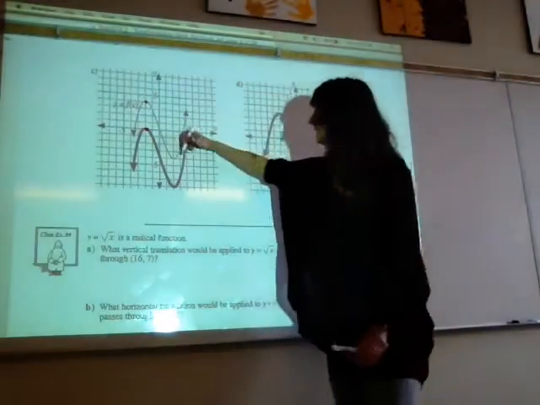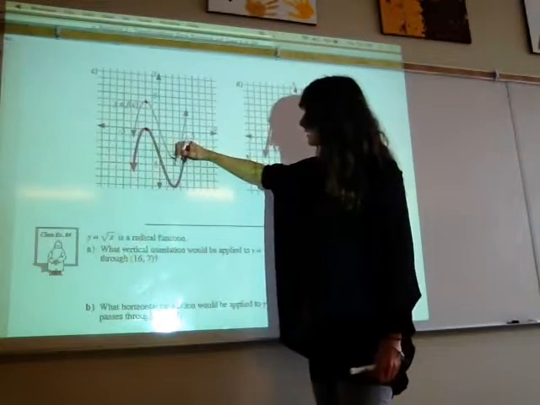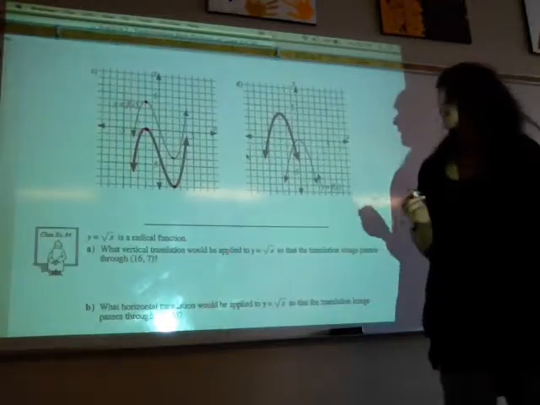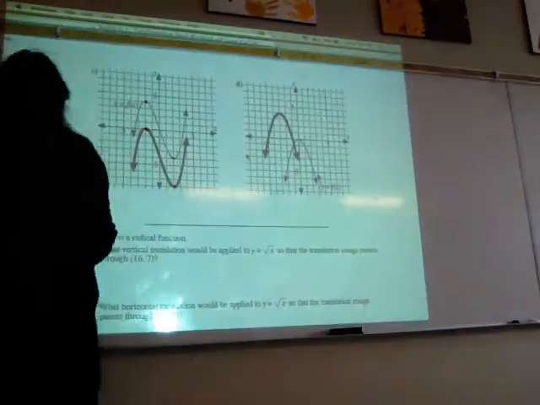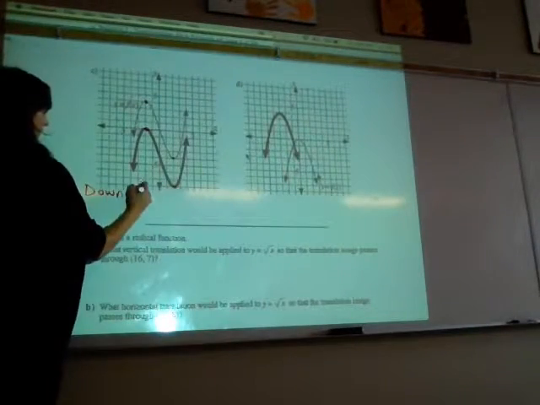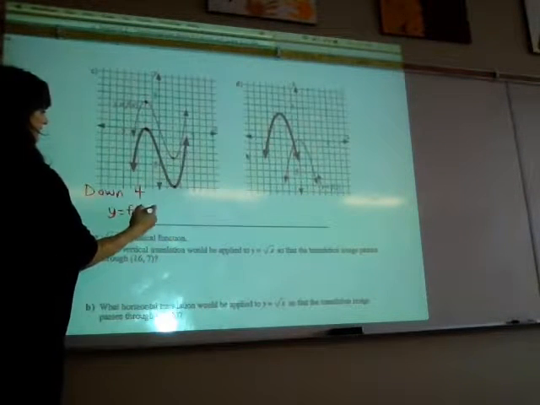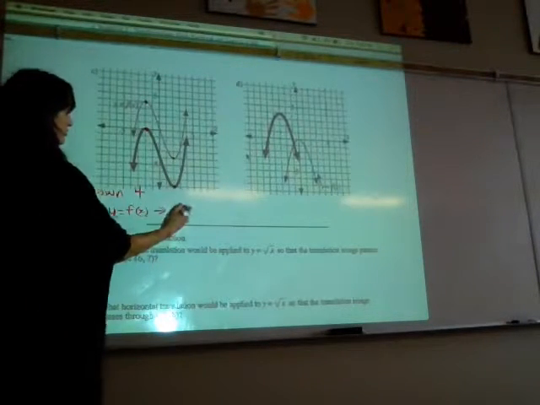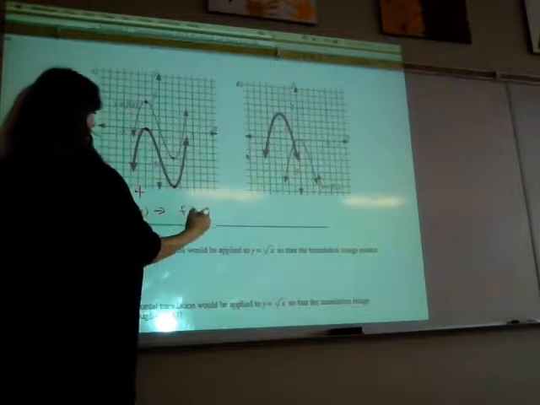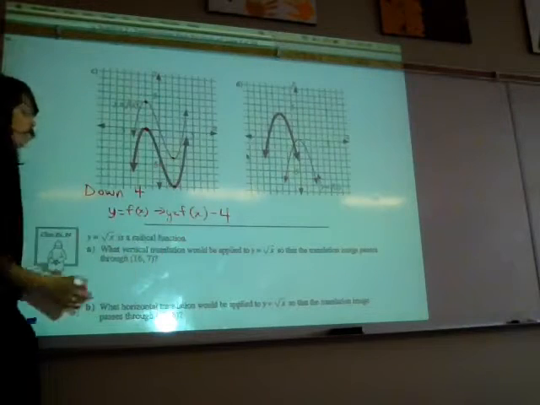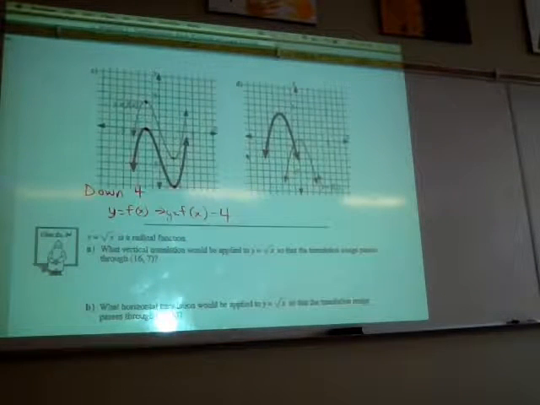Same thing if you took this point and moved it down 1, 2, 3, 4. It's consistent. So we're moving down 4 spaces, which means that our new function, y equals f of x, will be transformed to f of x minus 4. So y equals f of x minus 4.